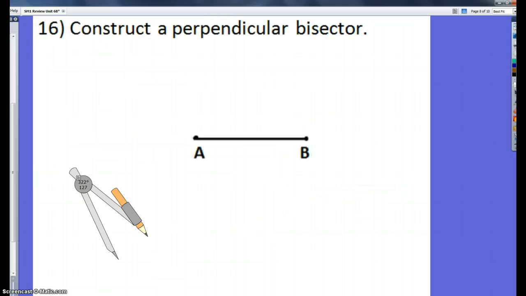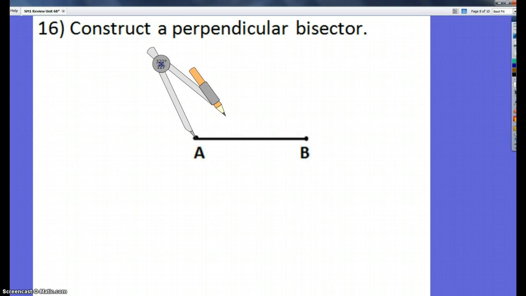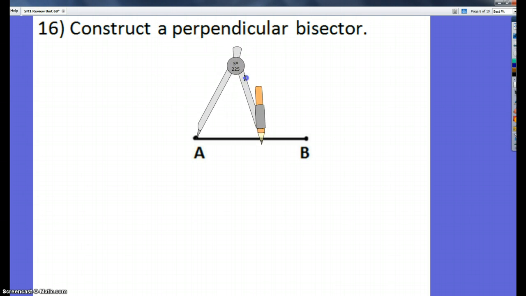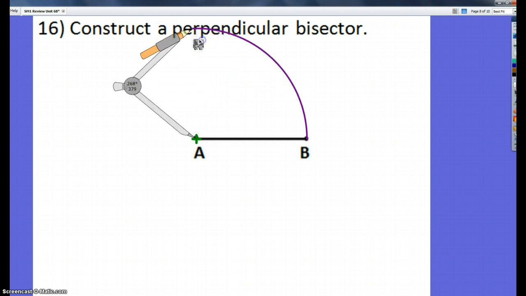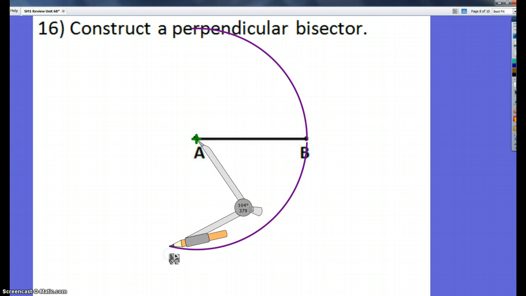The next one, you've got construct a perpendicular bisector. So on this one, you're going to line up your vertex. We are going to move our pencil so it's on B, and we're going to swing it through. And we're going to do the same thing, and we're going to swing it down.